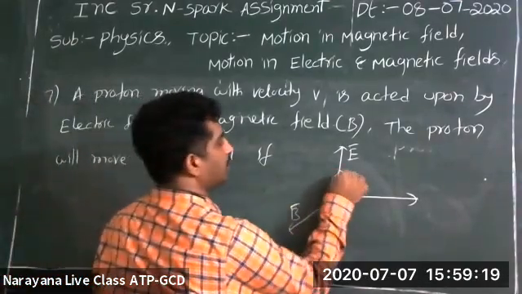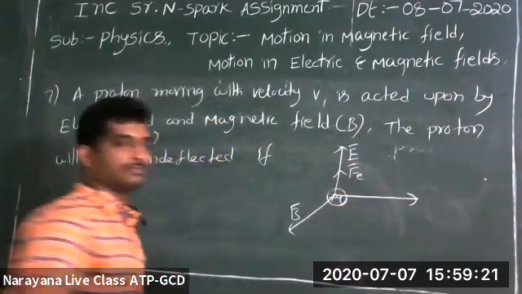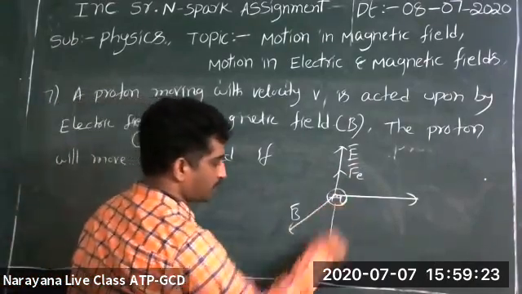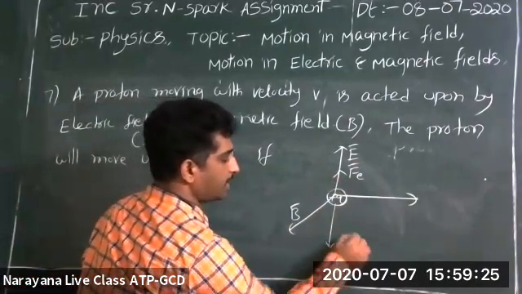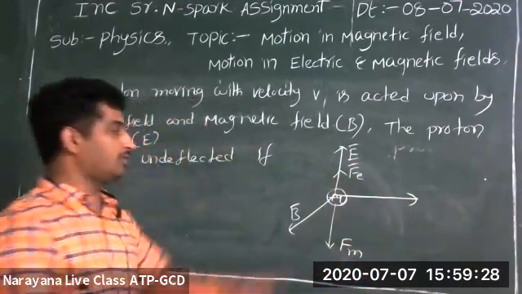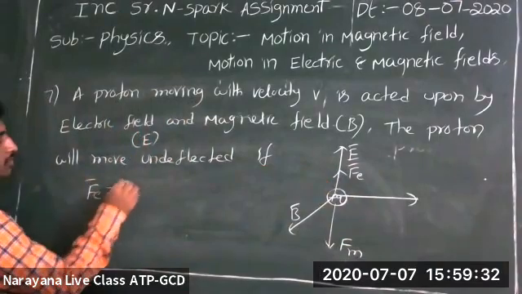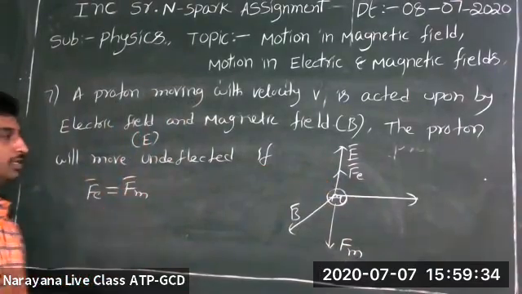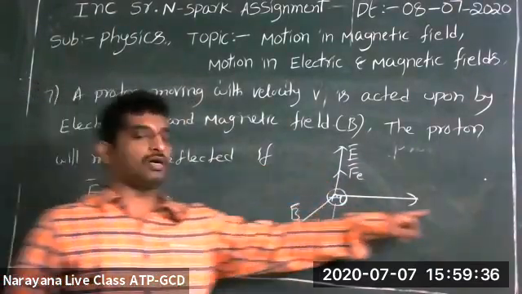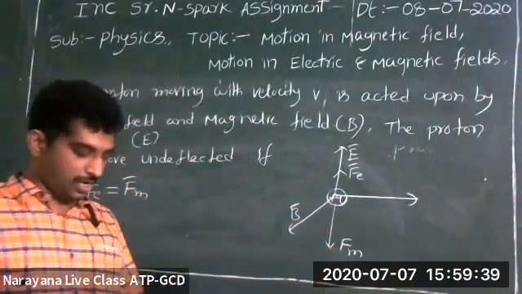So electrostatic force acting like this, magnetic force acting like this downwards, magnetic force according to Fleming left hand rule. So Fe equal to Fm. In this case only it is moving undeflected.